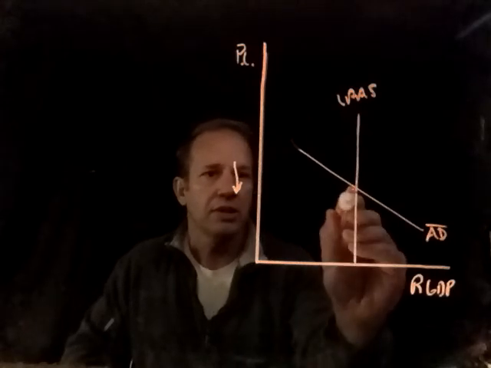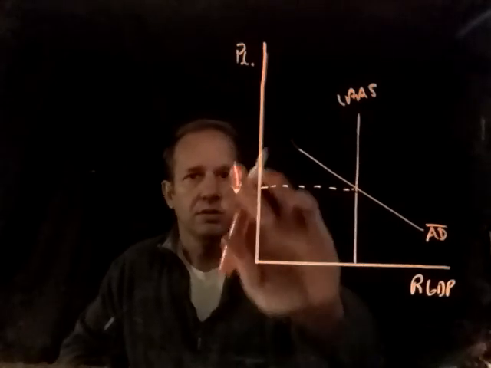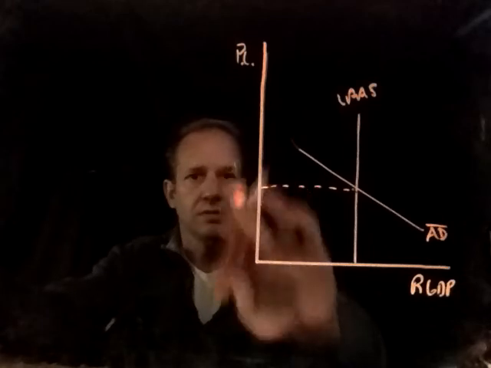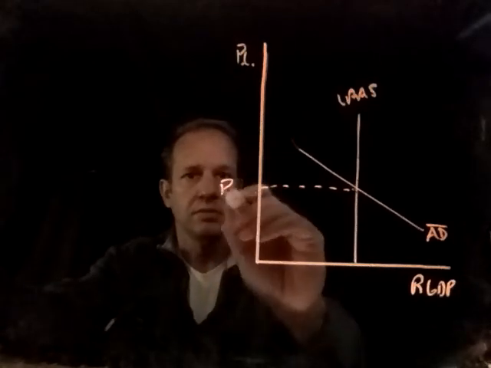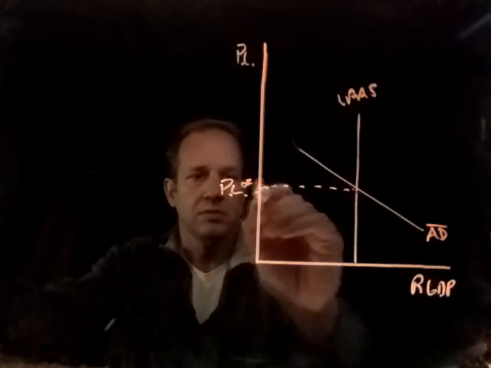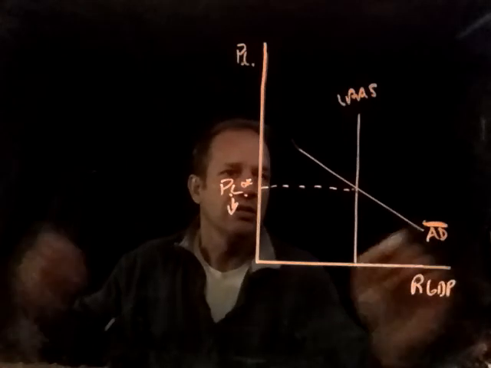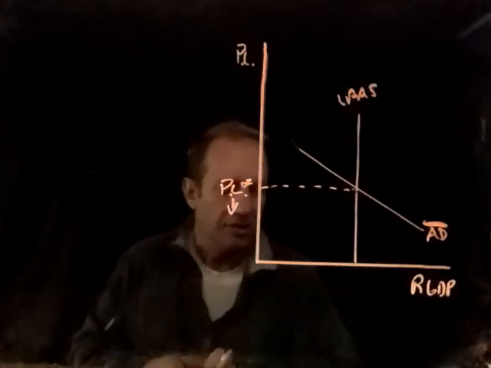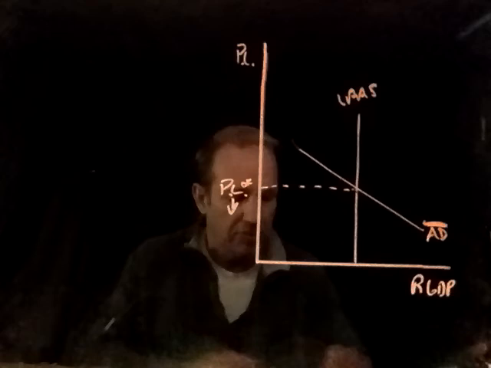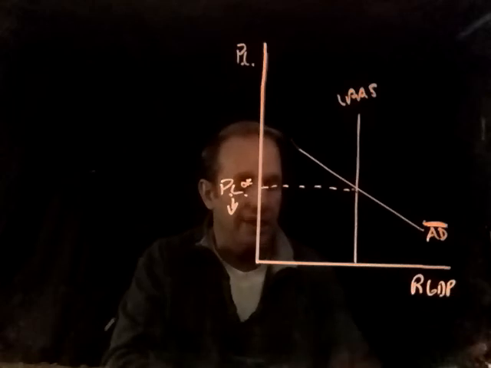Well, if we're starting here, how can this decrease if this isn't changing? It could only decrease if long-run aggregate supply increases.